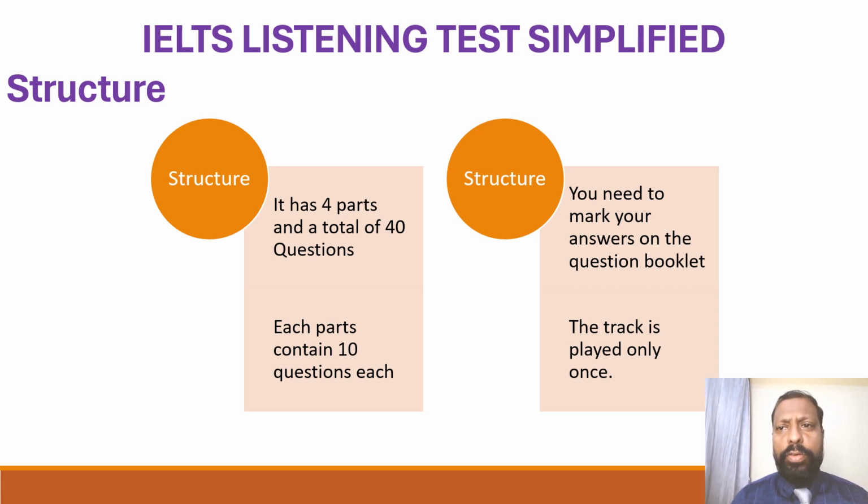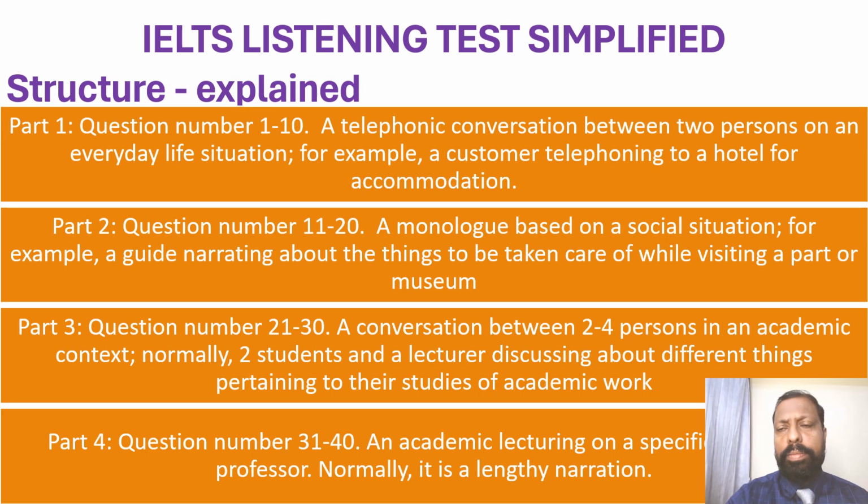In older books, you will find 4 sections. Each part contains 10 questions. You need to mark your answers on the question booklet. The track is normally played only once, so you need to be careful with this information.